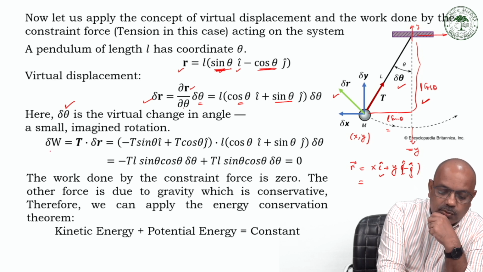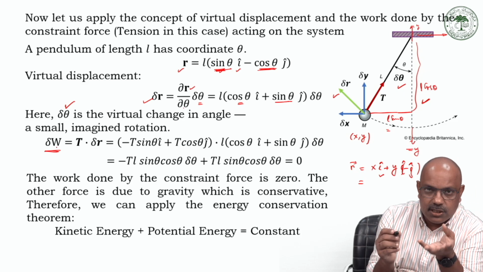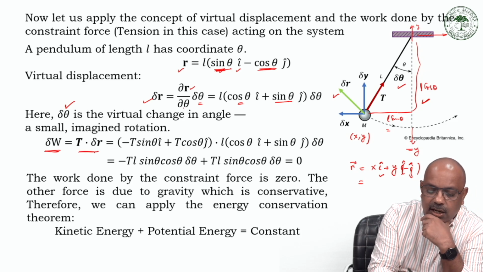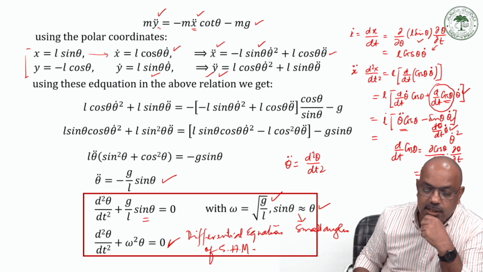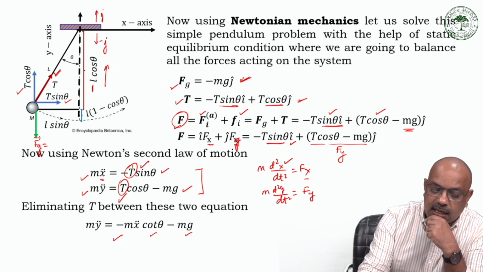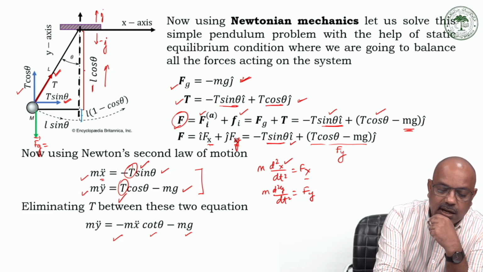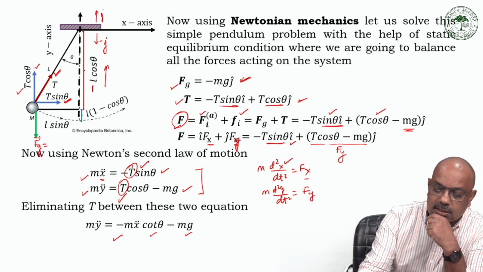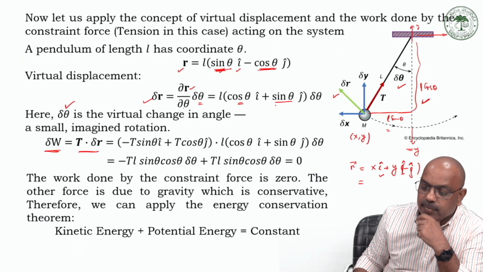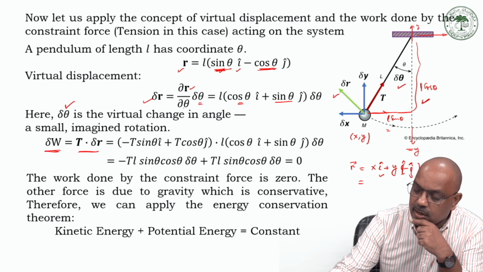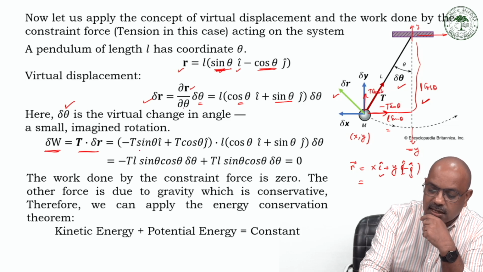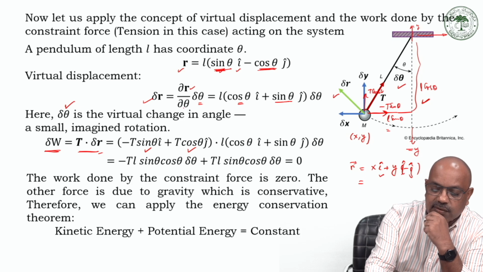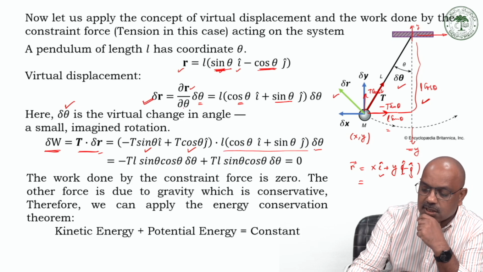So the work done by this constraint, which is my tension force, is T dot dr. We know already that T has a component in this direction and one component in this direction, so this is minus T sine theta and T cos theta, and delta r we have calculated is going to be L cos theta times delta theta.